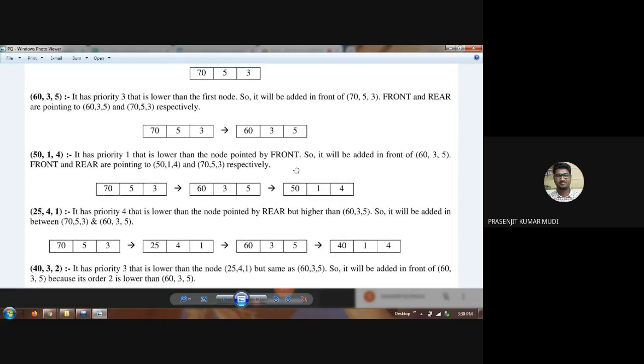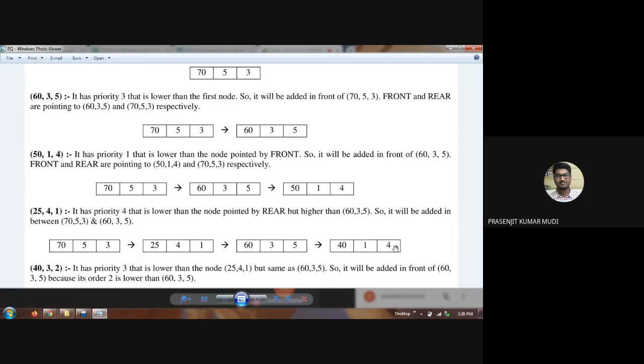So ultimately the logic is, the lower the priority value, the more it should be towards the front side of the queue, and the higher the priority values, they should be kept towards the rear end of the priority queue. That's it. So see, already they are getting sorted. In this situation, 1, 3, 4, 5 are sorted in terms of their priorities.